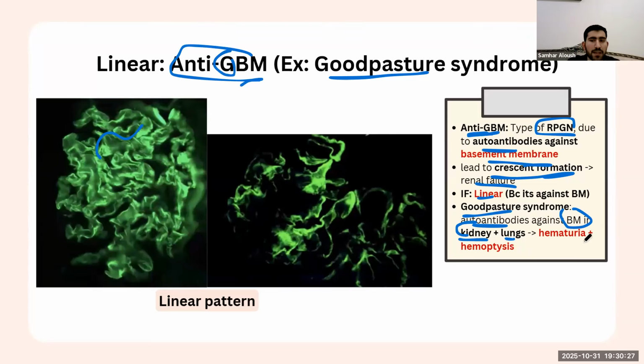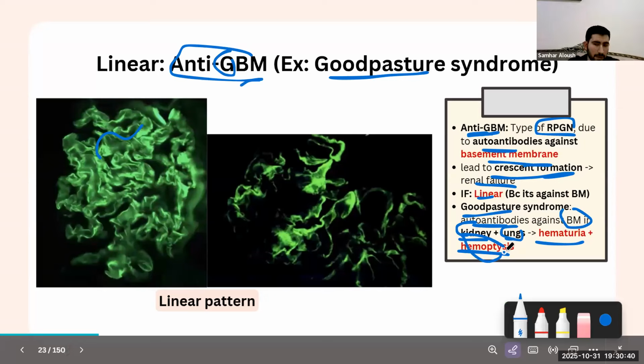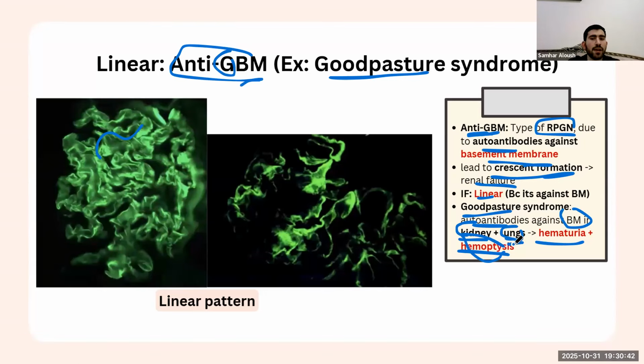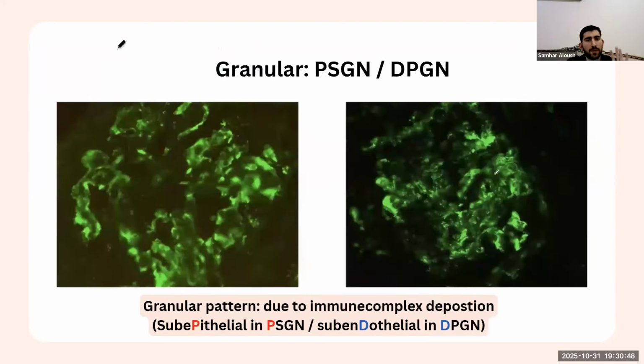So in the kidney, you will expect hematuria. Since it's also in the lungs, you will expect hemoptysis. So if you have a patient who presents with nephritic syndrome, hematuria, end-stage renal disease, and hemoptysis, meaning they are coughing blood, that's a sign that there is lung involvement. And this is Goodpasture syndrome. We finished the linear, it's just Goodpasture syndrome and anti-GBM.